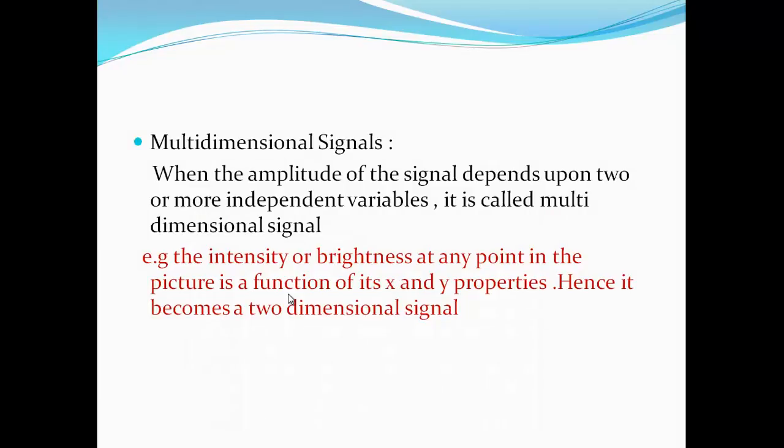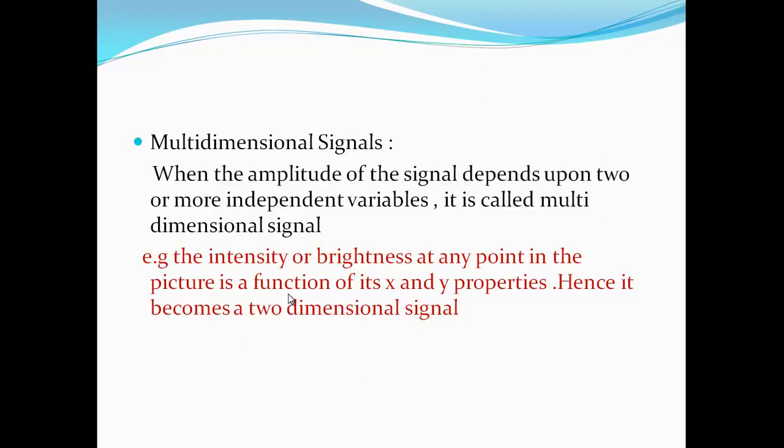Then you have multi-dimensional signals. What are multi-dimensional signals? When the amplitude of the signal depends upon 2 or more independent variables, it's called a multi-dimensional signal. Can you think of an example? For example, the intensity or the brightness at any point in a picture or image is a function of its x and y.